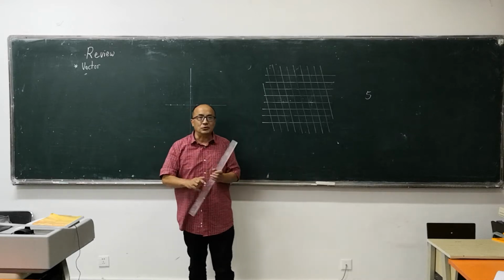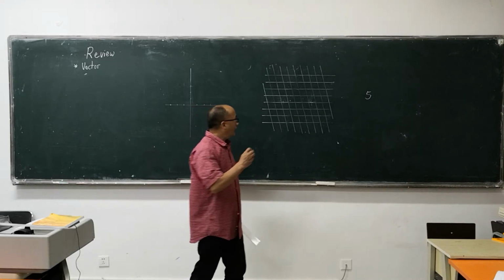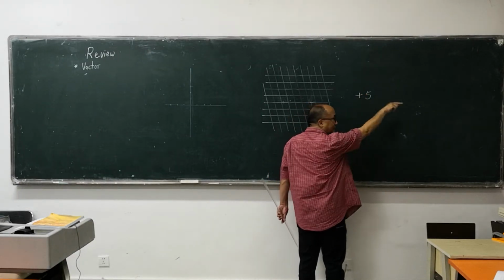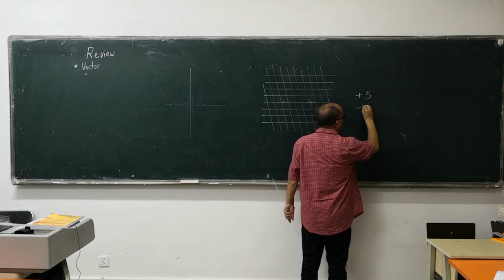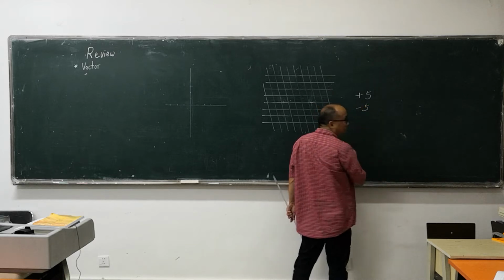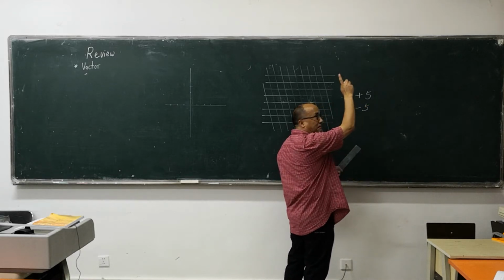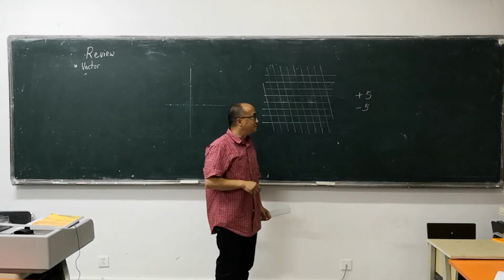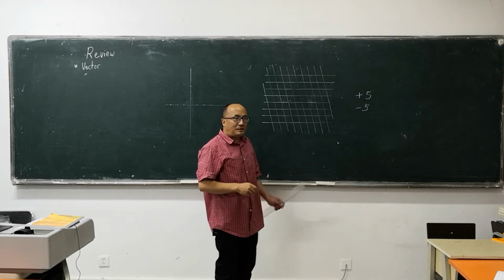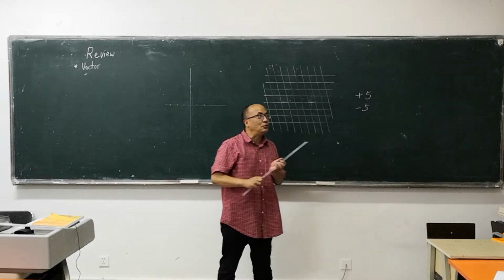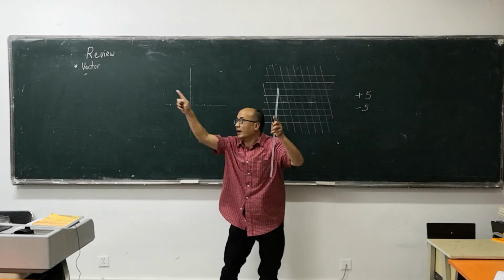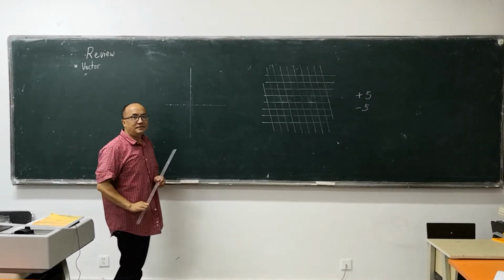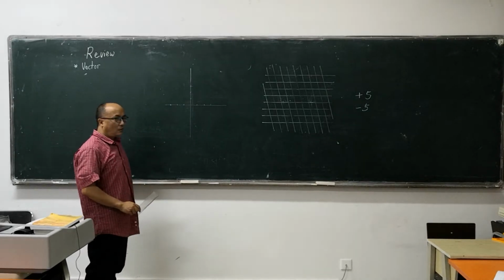Without vectors, we can do a little bit of direction, like +5 in one direction and -5 in the other, or we can say +5 is upward and -5 is downward. But we want direction everywhere, so we need a vector.